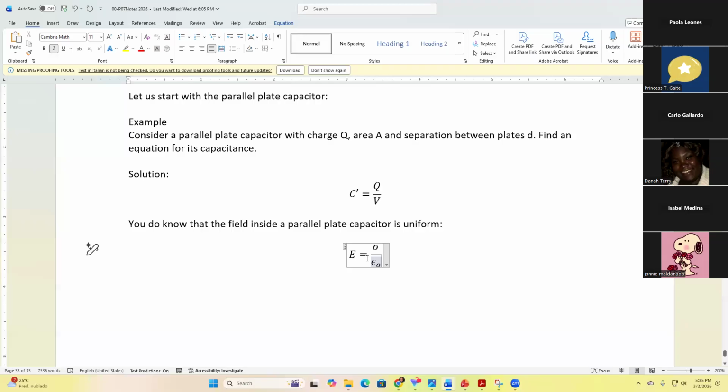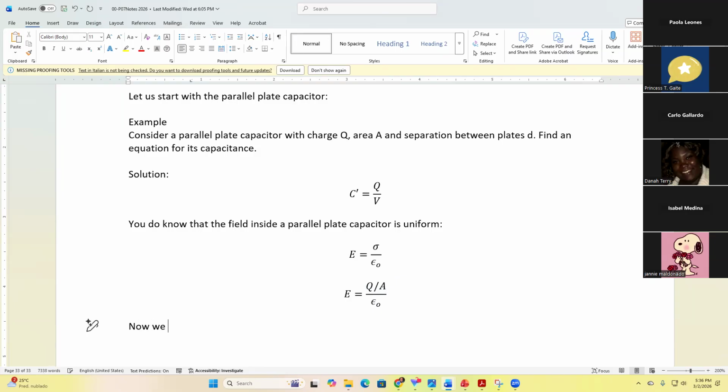And sigma is charge divided by the area of the capacitor. This one is given, and this one is a constant.